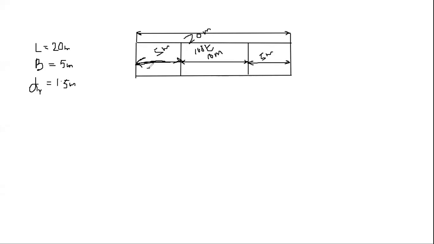It means this is 75 tons we have added, and this is 75 tons we have added. Now we need to construct first the mass diagram, then the buoyancy diagram, and then we can construct the shear force and the bending moment.